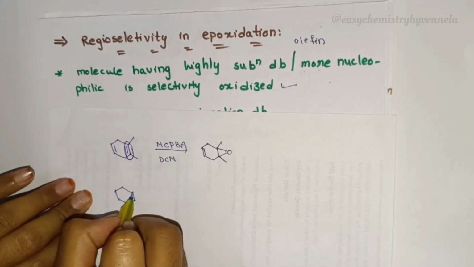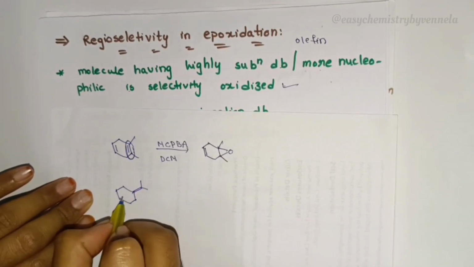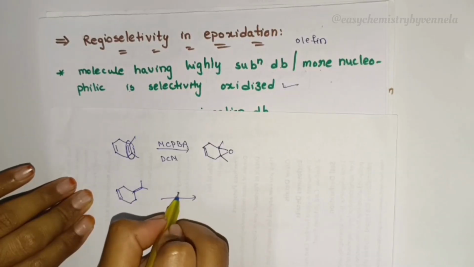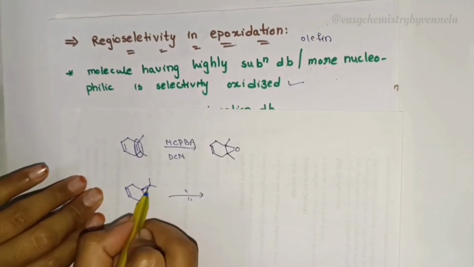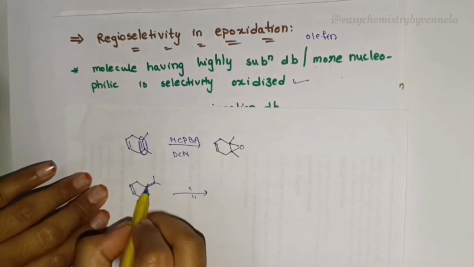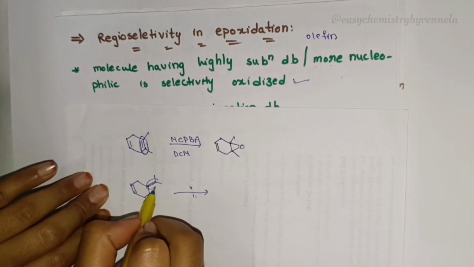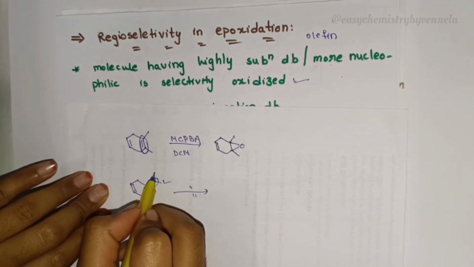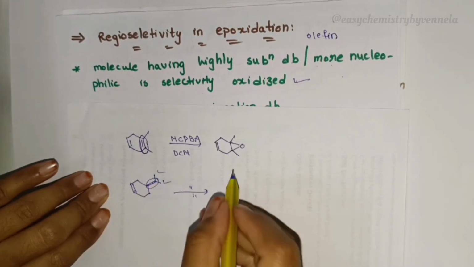Second example. In this, at which double bond does epoxidation take place? Here, this one, because it is more substituted.